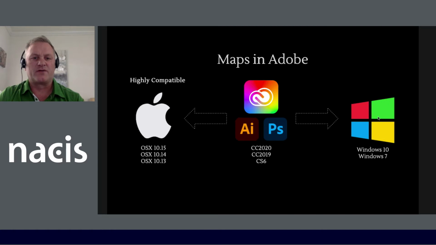But as of right now for NACIS, we are compatible with CC 2020, CC 2019, and still CS6, because we know a lot of you cartographers are still on CS6. We try to keep up to date as well with Macintosh and Windows operating systems. As updates are made, we focus very heavily on making sure that we are compatible. Yes, we are Macintosh and Windows.